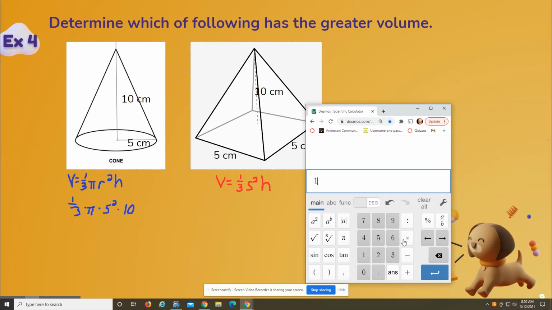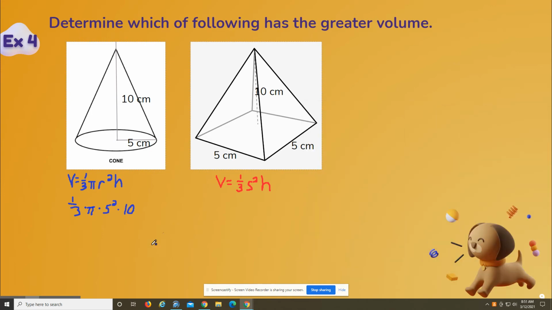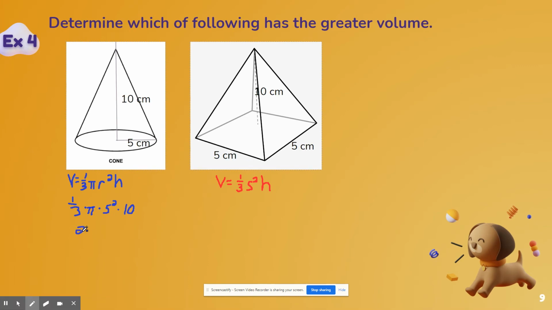I would just simply type in 1/3 times pi times 5 squared times 10. And I would see that this is 261.799. This second 9 changes this to 261.80. So 261.80 centimeters cubed.